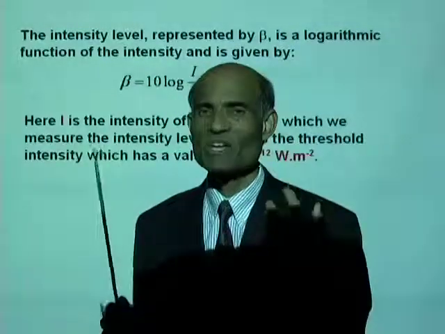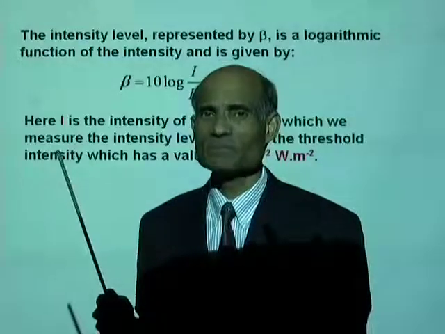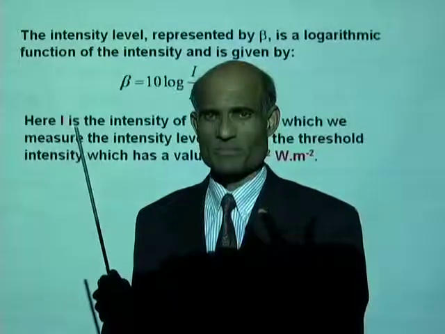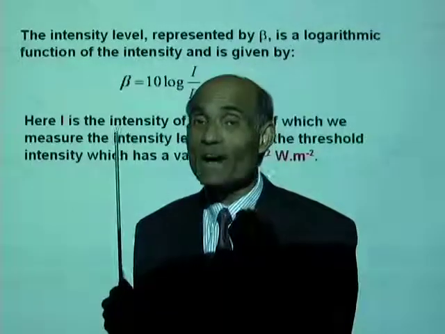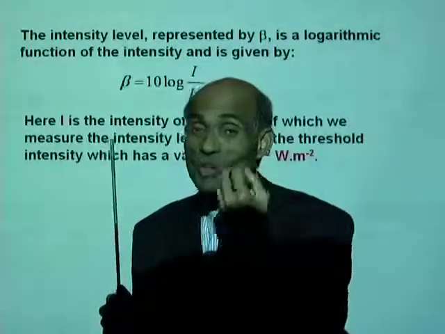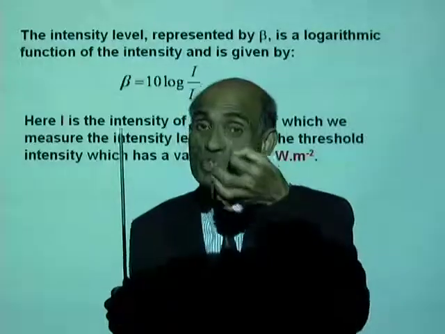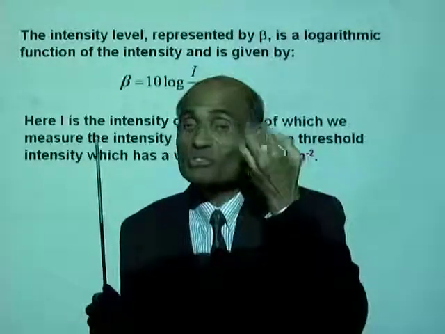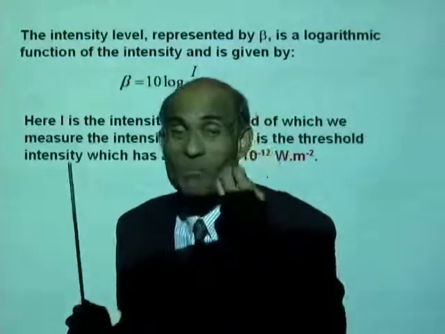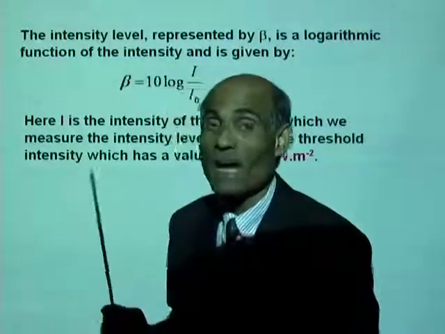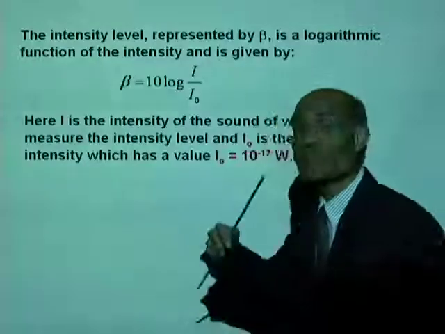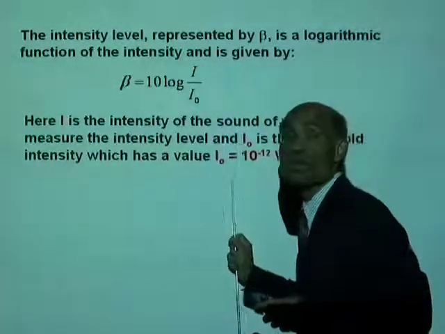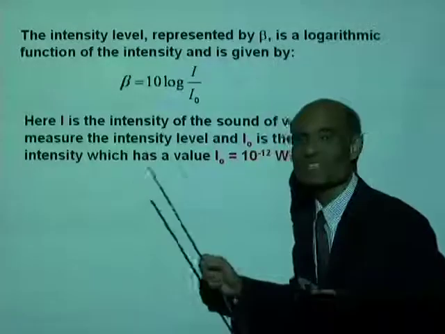For example, can you hear when you breathe? I'm breathing. I can barely hear. But there is a sound, because when you breathe, your nostrils are vibrating, and that vibration produces a sound. But you can barely hear it. And the intensity of such a sound is I0, called the threshold of intensity.